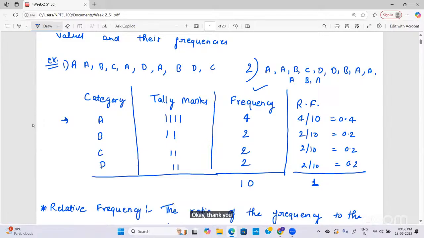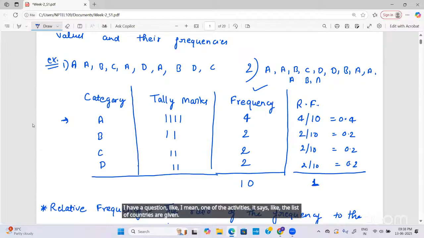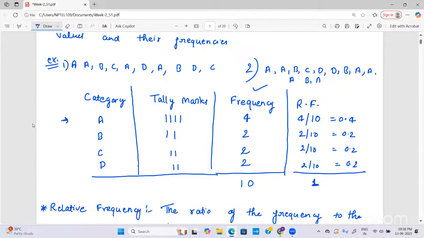I have a question. In one of the activities, a list of countries is given, and then the number of medals won. Sorry, can you please repeat? You have a list of countries and the number of medals won by each country.